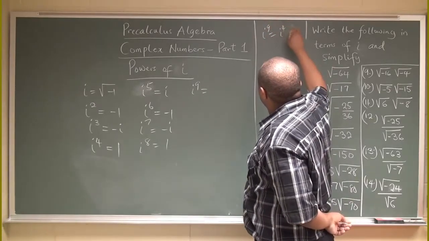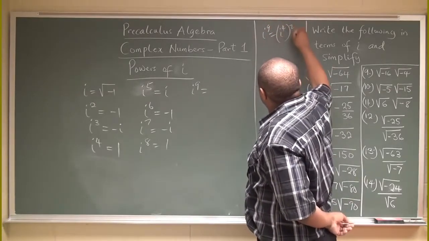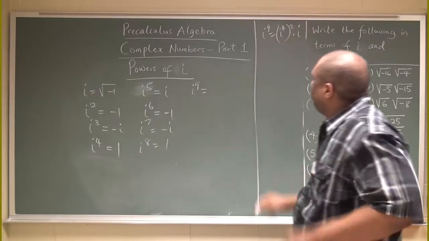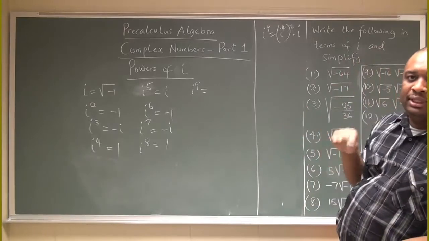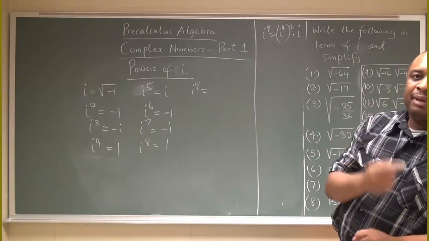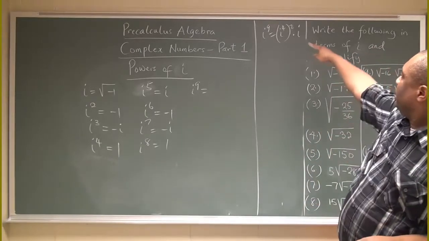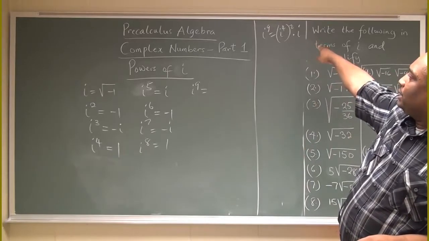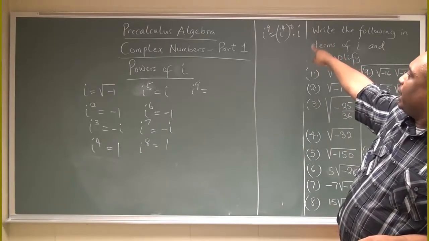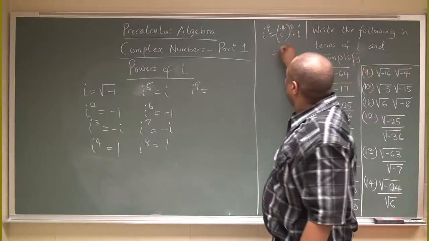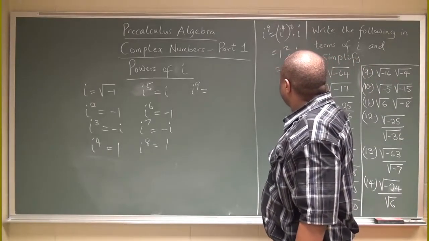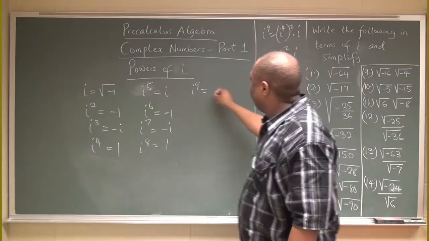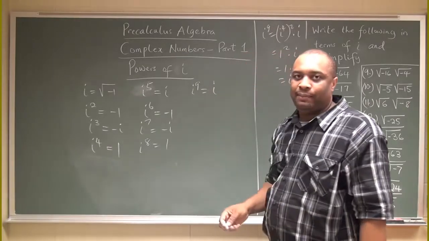This means I to the 4, all squared, times I. Remember your laws of exponents. You need to view my videos on exponents. This means I to the 4 all squared times I, because 4 times 2 is 8, plus 1 is 9. So this is 1 squared times I, and that is 1 times I, which is I.